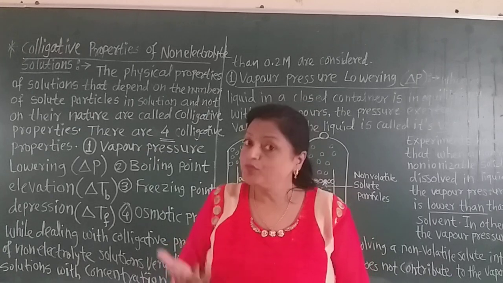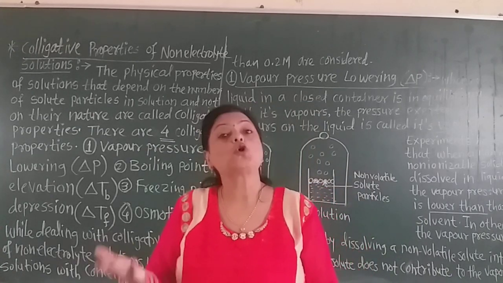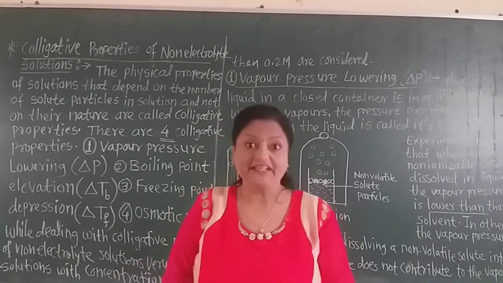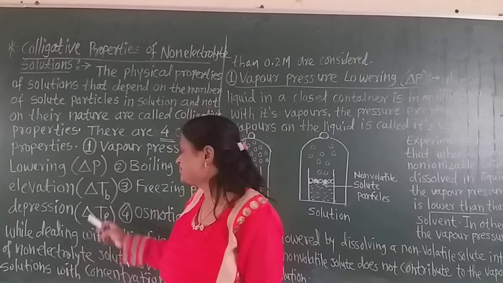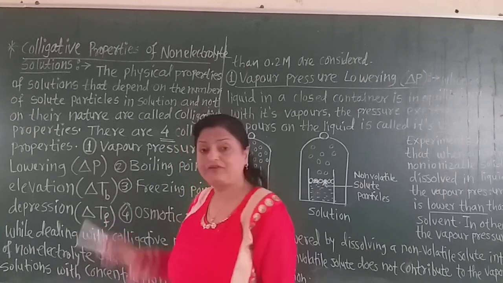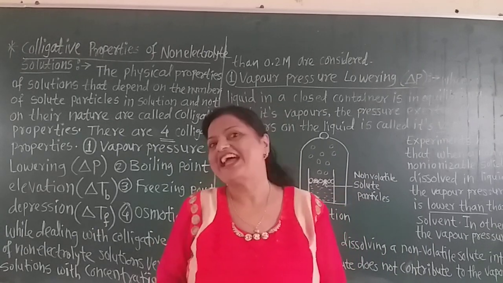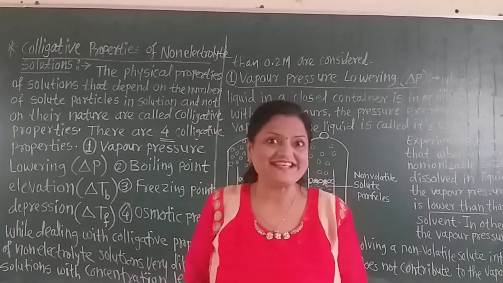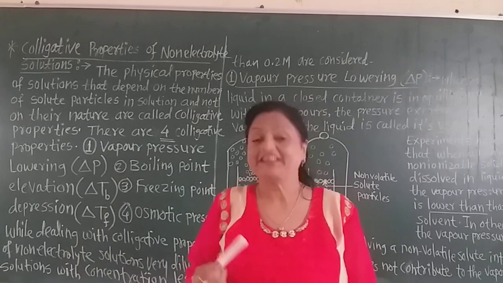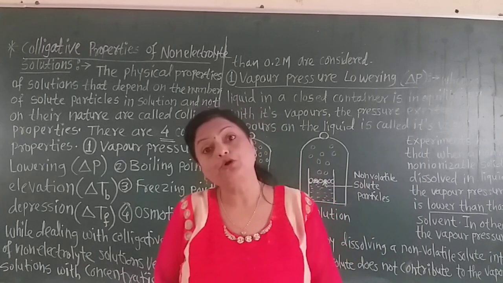This boiling point elevation is a colligative property because it depends on the number of solute particles. It is denoted by delta Tb, the difference between the boiling point of the solution and the solvent. Delta Tb increases as the solute particles increase.